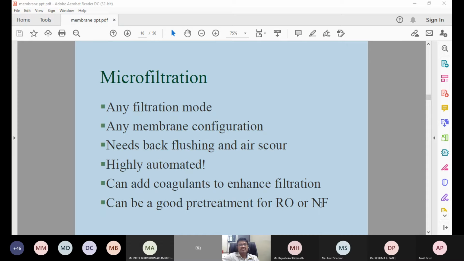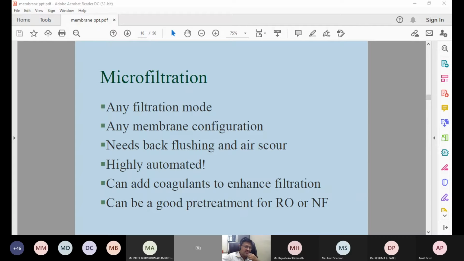As you have seen, the RO is in your house. Outside of it, before the membrane system, there is some filter. That is the microfiltration.